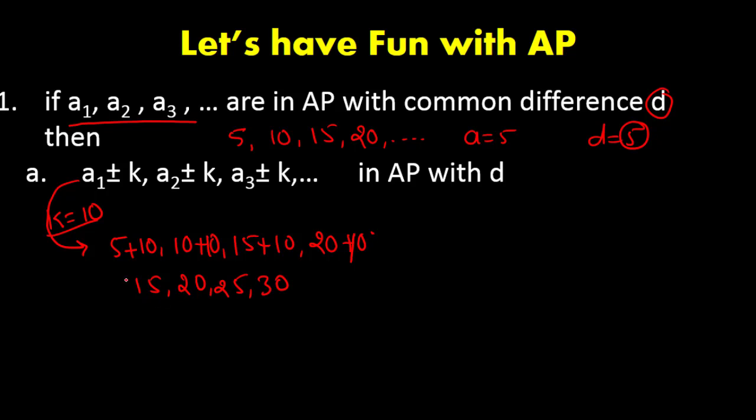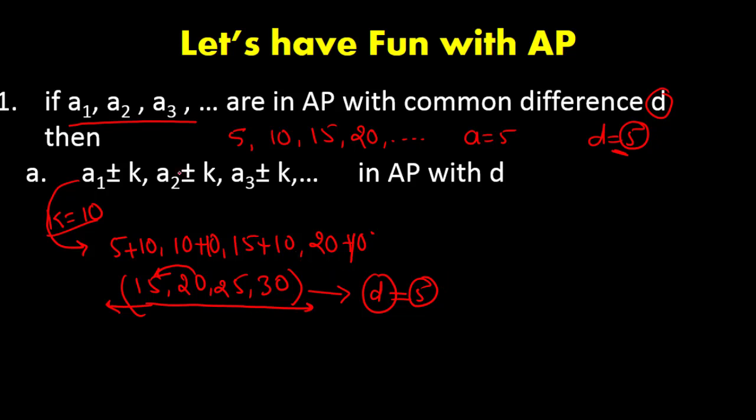Are these four terms in an arithmetic sequence? Yes, definitely. And the difference is the same, sir. Previously the difference was 5, now also the difference is 5. 20 minus 15 is 5. So d is again 5.